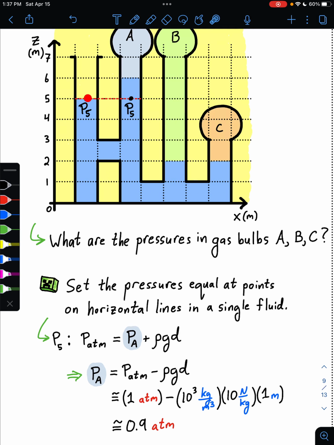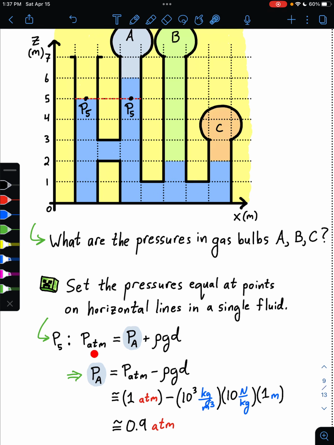So we know the pressure at this point must be 1 atmosphere, since that's where the water is in contact with the 1 atmosphere gas above it. And so then the pressure at this point must be the pressure in this bulb plus rho g d for this 1 meter deep column of water.